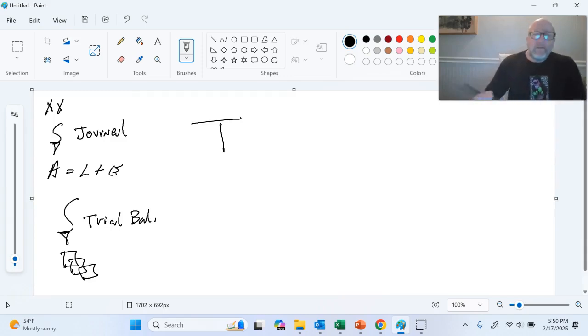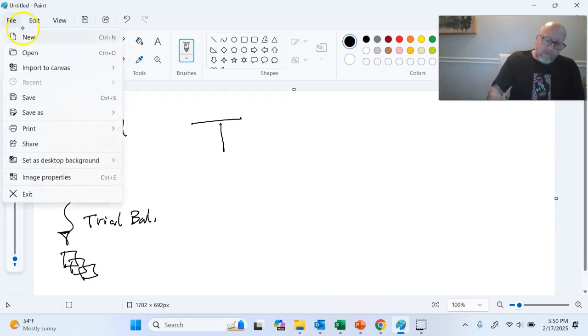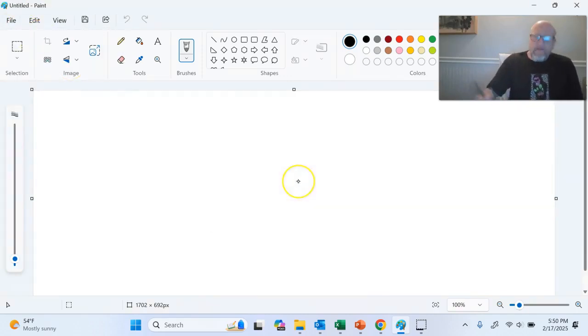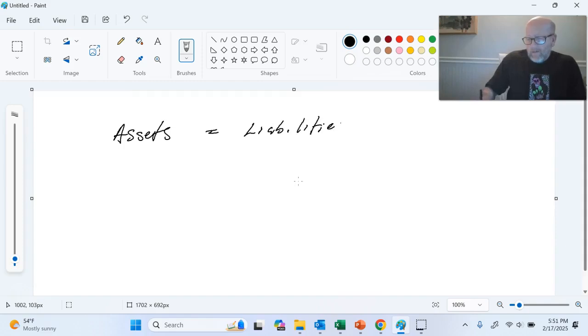So when we think about T accounts, well, let me back up. If I think about all of the accounts in the accounting equation, I have assets, and then I have assets equal liabilities plus equity.